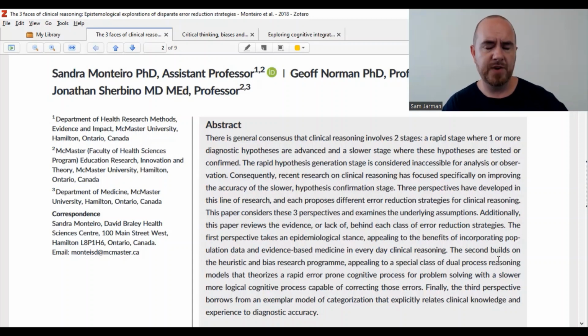So within this paper, I'm not going to belabor this, but essentially the first 2 points are the more classic views on clinical reasoning. Let me just name them for you properly. The epidemiological stance, population data, evidence-based medicine, just doesn't seem to work for error reduction or improving diagnostic accuracy.